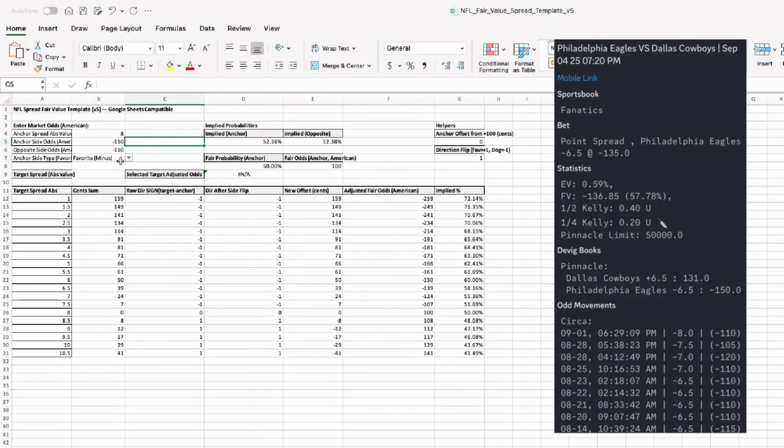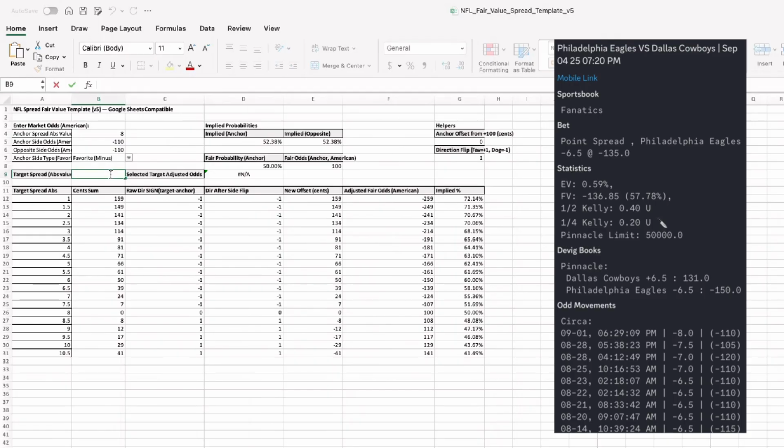And now we have to say whether this was a favorite or an underdog. A favorite would be minus 8, and an underdog would be like plus 8. So this was minus 8, so we are putting in that it was the favorite. Now we have the target spread, or the absolute value of the target spread.